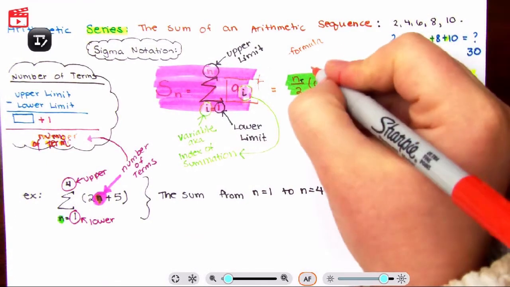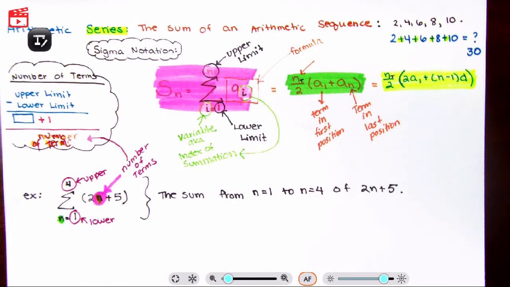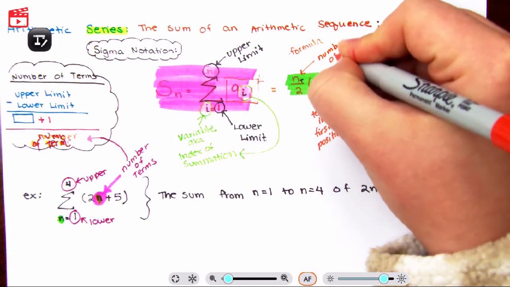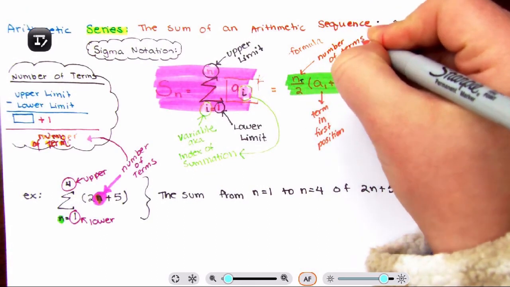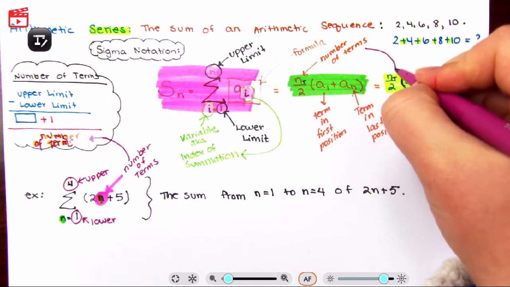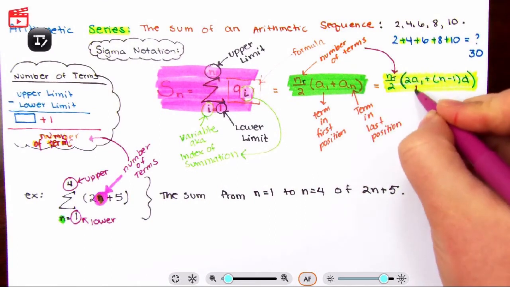And then this right here is going to be your number of terms. So how many total terms do you have? And I want to point out that this is exactly the same thing. So number of terms go here. First position.